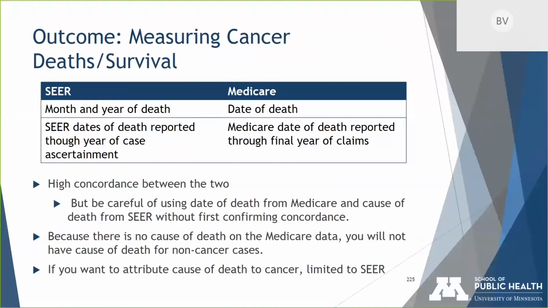Also, if you have a non-cancer control population, you're not going to have a cause of death for them because you will not have any SEER data for them. So if you really want to attribute cause of death to cancer, you're limited to SEER. If you want any information about other causes of death for a non-cancer population, you don't actually have any information on that.